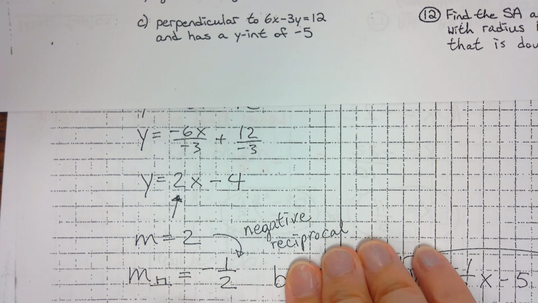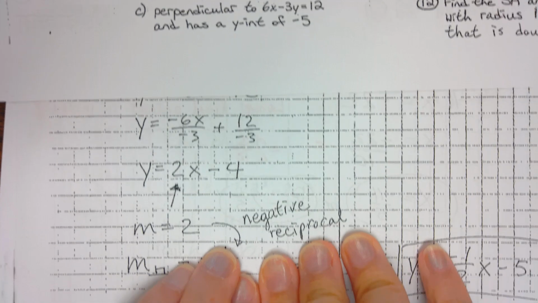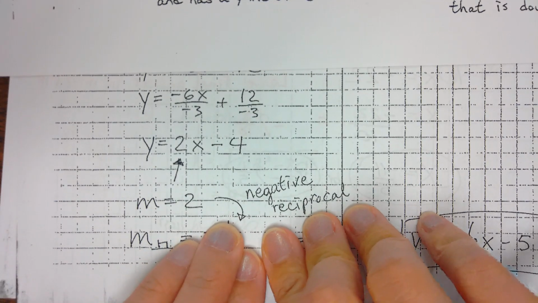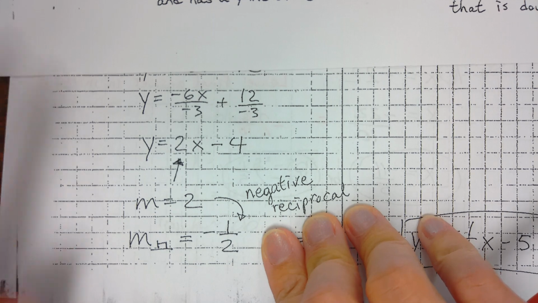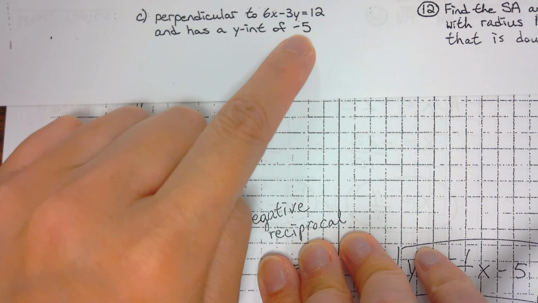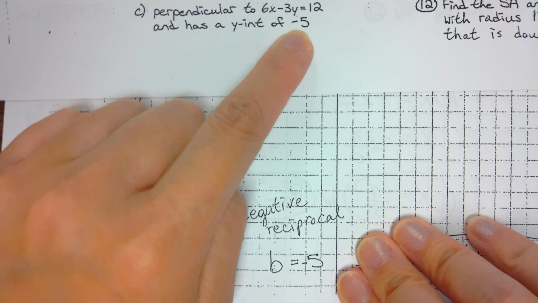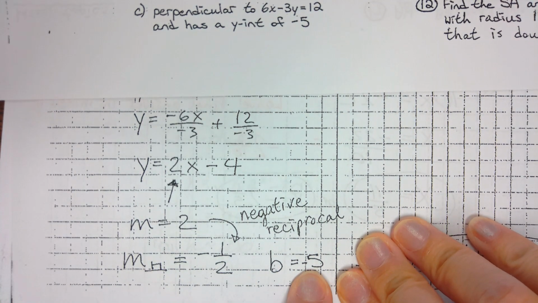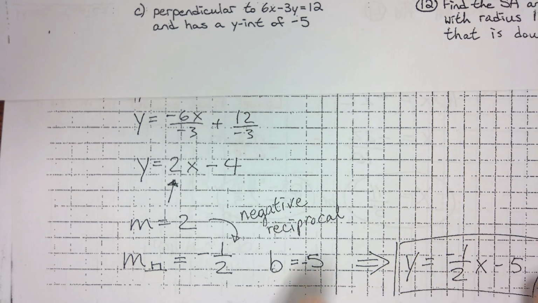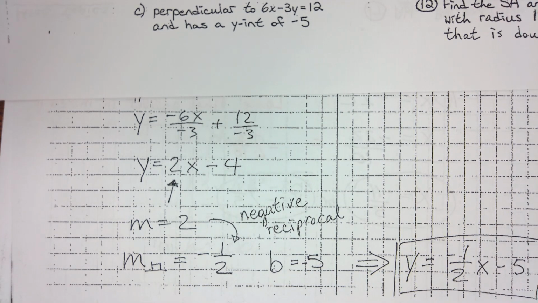Negative reciprocal. So what is the negative reciprocal of 2? -1 over 2. That's right. It tells you what B is. So B is -5. So now I have my new slope. I have my y-intercept. I put it into the equation. -1 over 2x minus 5.